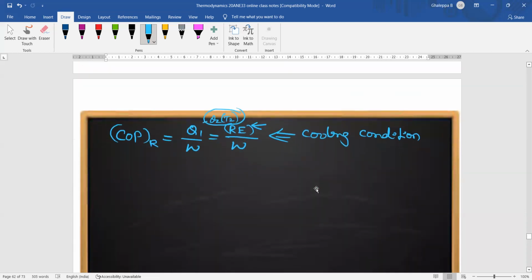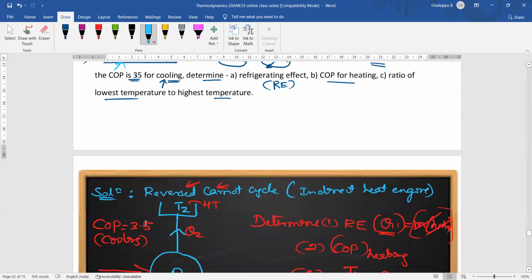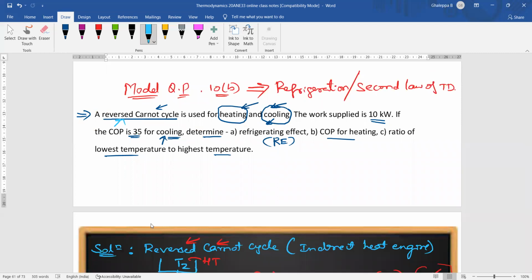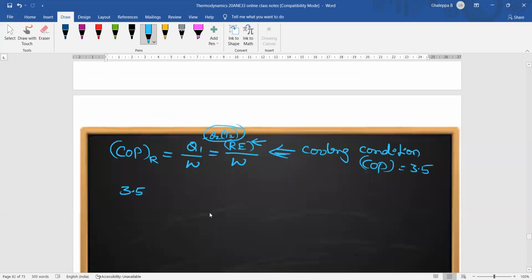That's it. So how much is the refrigerator COP? It is given as 3.5. Why have I taken 3.5? Because it is a cooling condition, and in the given statement he has given COP as 3.5. COP is 3.5, so I have written COP is equal to Q1, which I do not know, divided by W, the work supplied to the pump.